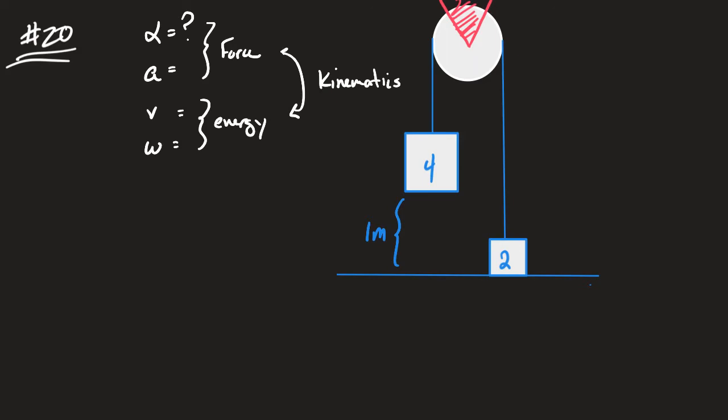So let me see what the question actually says. If the blocks are released, how long does it take the 4 kilogram block to reach the floor? All right, so it didn't ask any of the things I said. Time. Time shows up in 3 places in physics for you guys.